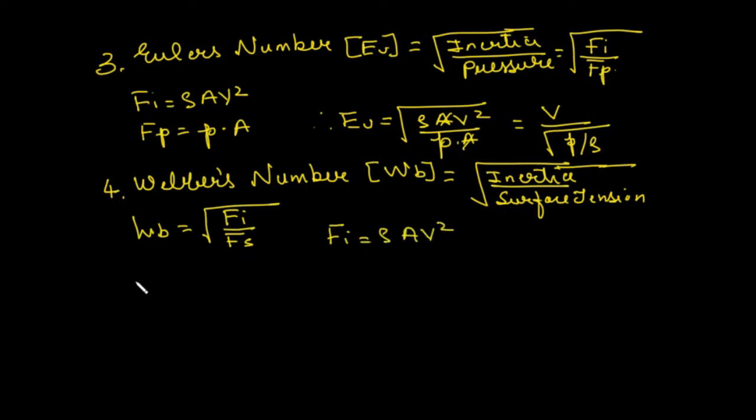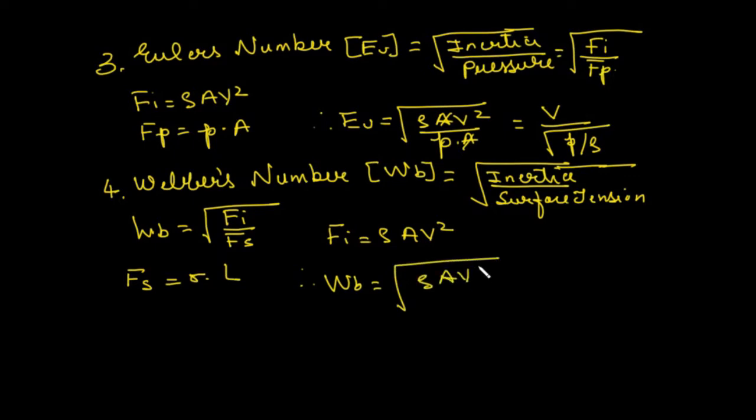Now inertia force, again, as we know, is equal to rho A V square, and surface tension force will be equal to sigma into L, where sigma is the surface tension intensity and L is the length over which the surface tension is acting.